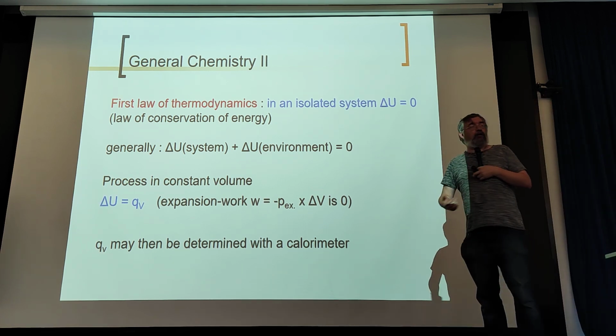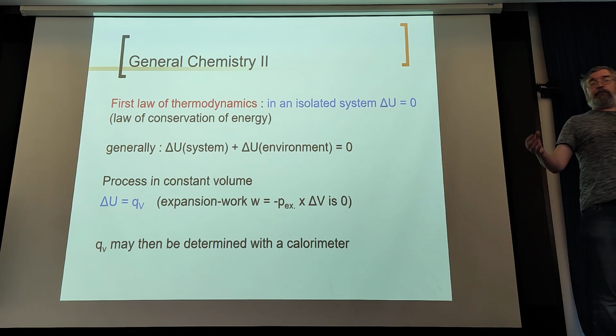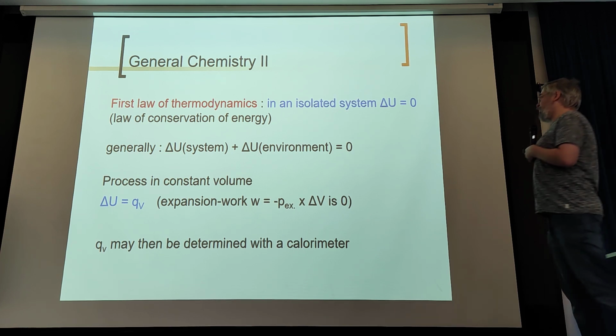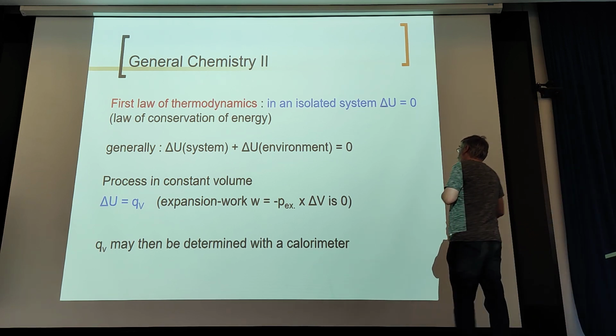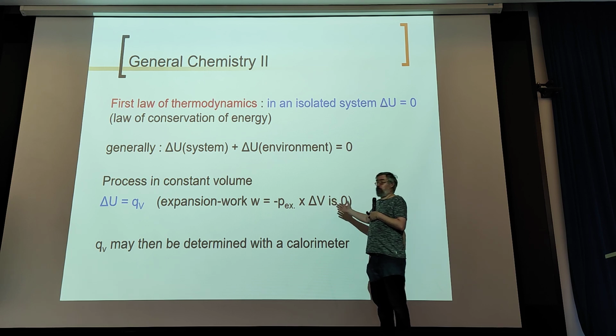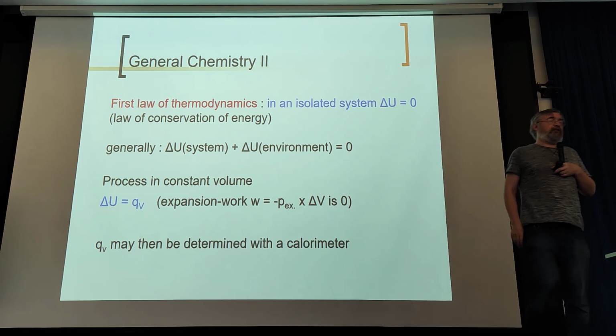And then all of the exchanges between the system and the environment are heat exchanges. They could be in one direction or in the other direction, depending on the case. And of course delta V is zero because it's constant, so the expansion energy automatically becomes zero.